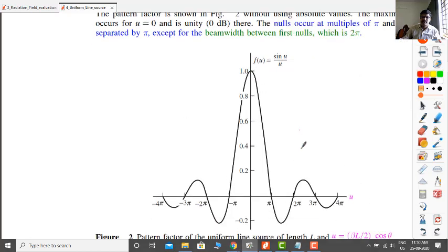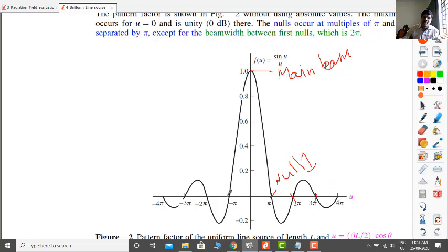Now we can see that this is the main beam or major axis, the main beam of radiation. This one is the first null, null 1. This is another null, the second null, this is the third null. This way it goes on in the right hand side.